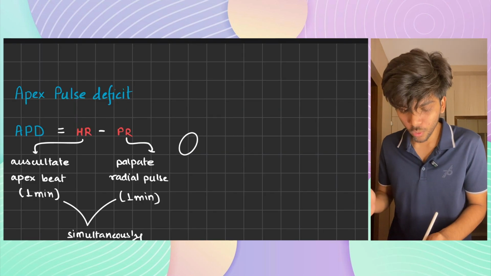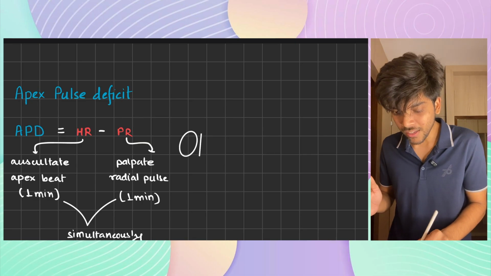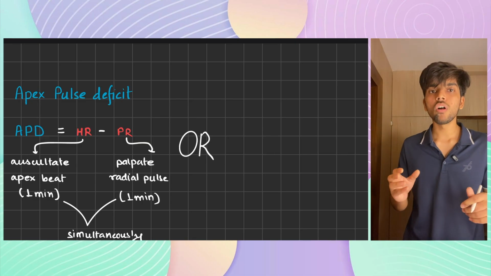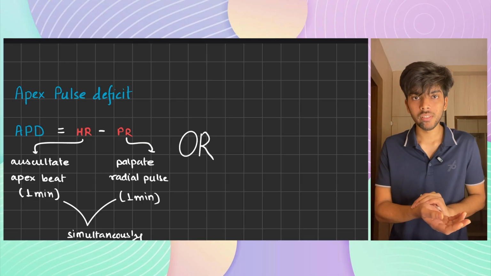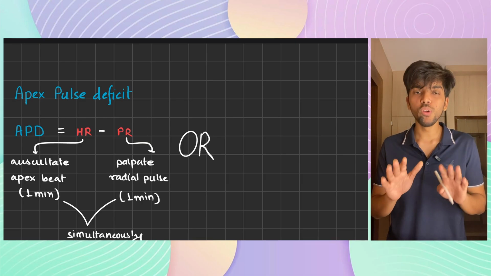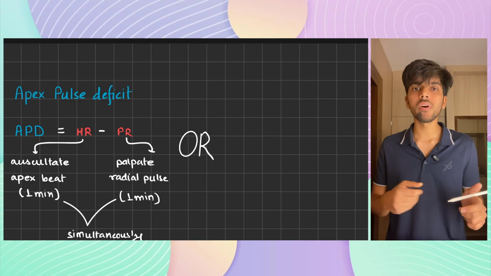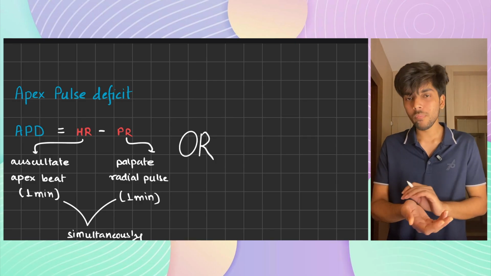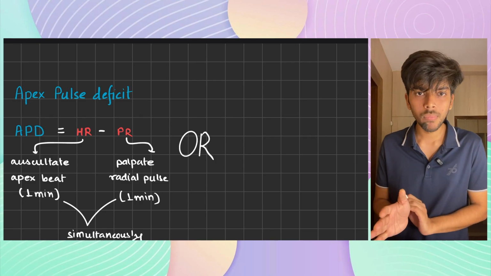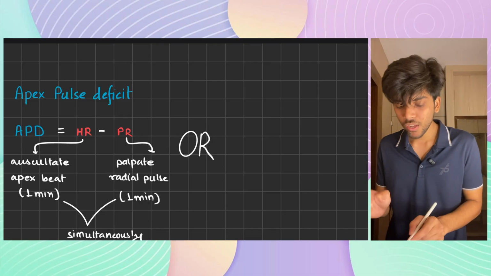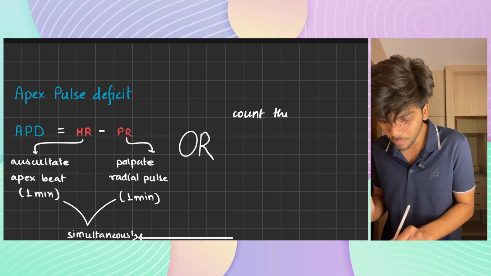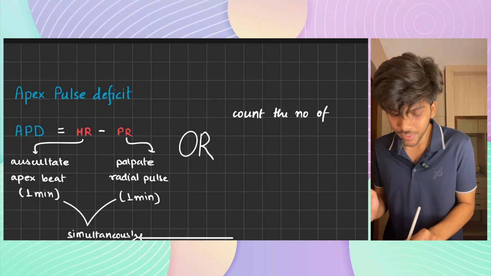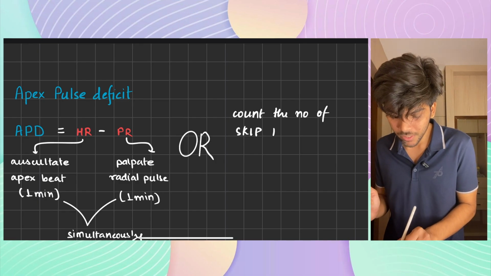Or if you are alone, in that case you can auscultate the apex beat and palpate the radial pulse on your own. But you want to be able to count the number of heartbeats and the number of radial pulses at the same time. So instead, you count the number of skip beats.